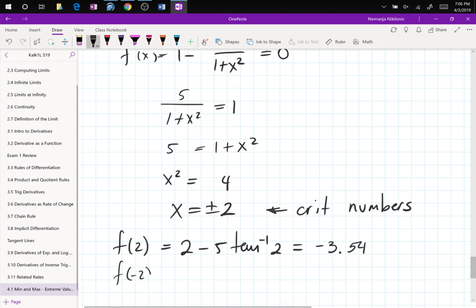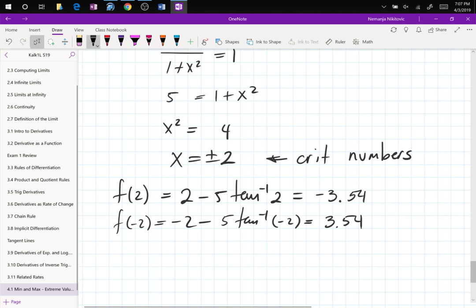And f of negative 2 is going to be negative 2 minus 5 inverse tangent of negative 2. That's just going to turn into positive, so negative 2 plus 5 tangent inverse of 2, and you get positive 3.54.